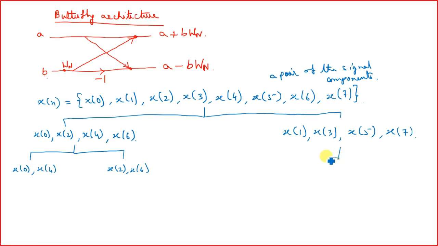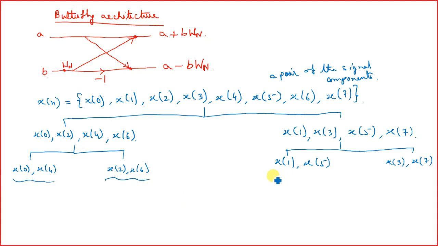Similarly, x1, x5, x3, x7. Okay. Now see, in each of the terms, I am left with a pair of signal components.